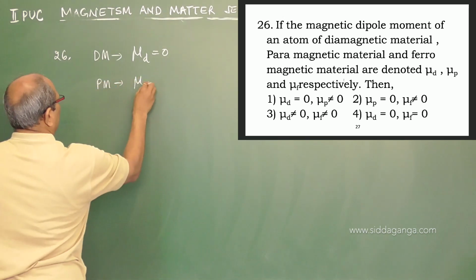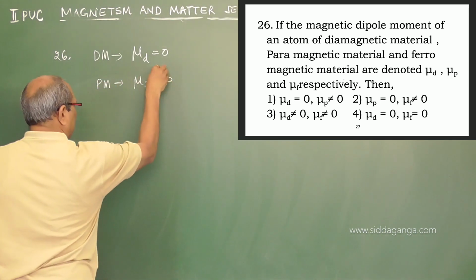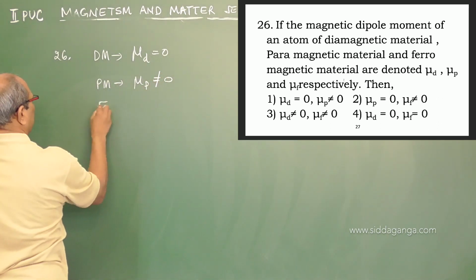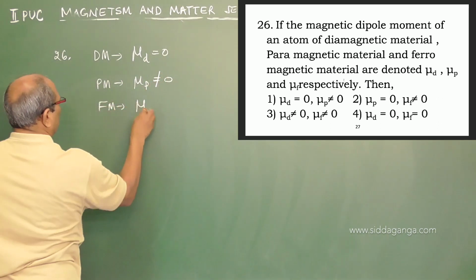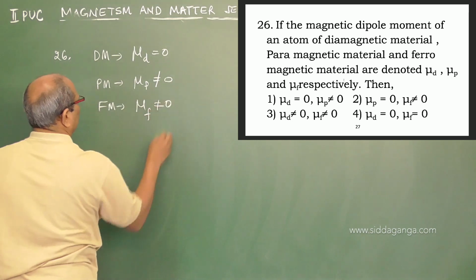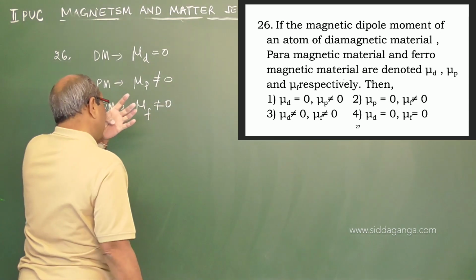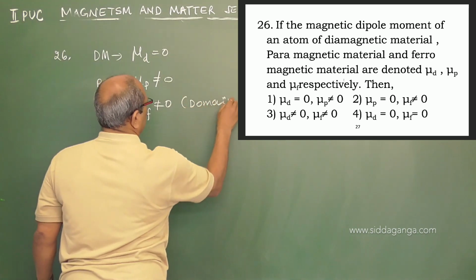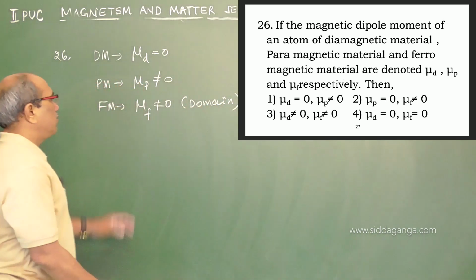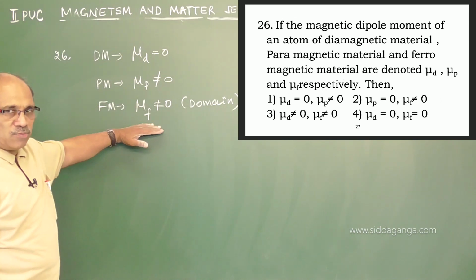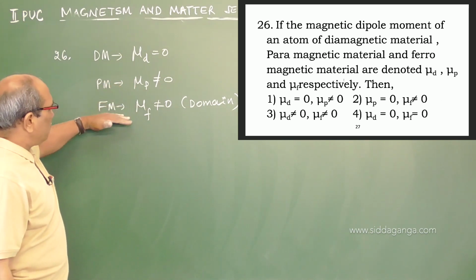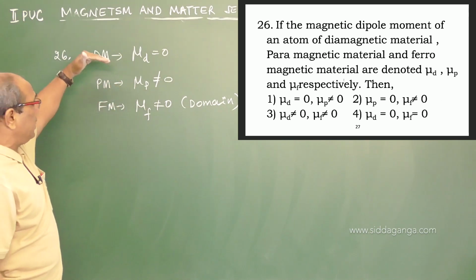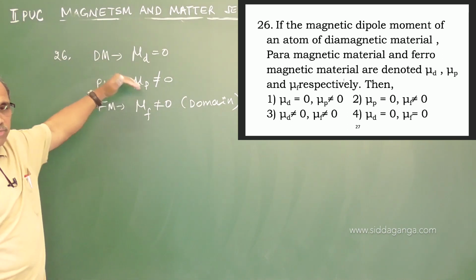Paramagnetic materials have dipole moment. In case of ferromagnetism also, mu f is not 0 because they have permanent dipoles. Here the additional structure is a domain structure, but they have intrinsic dipole moment. Paramagnetic and ferromagnetic have dipole moments. Diamagnetic does not have a permanent dipole moment.